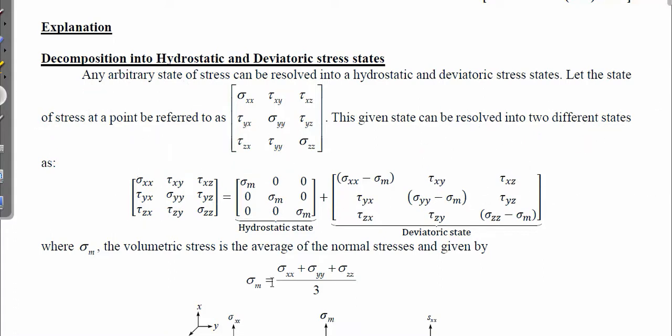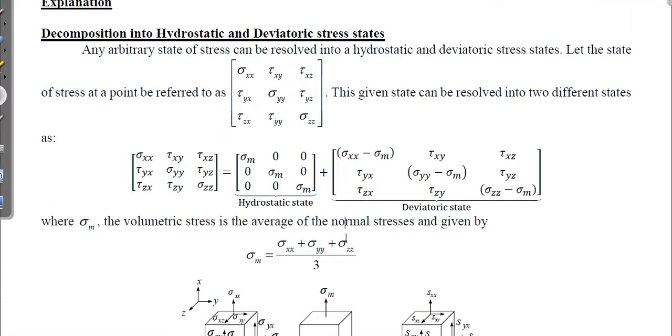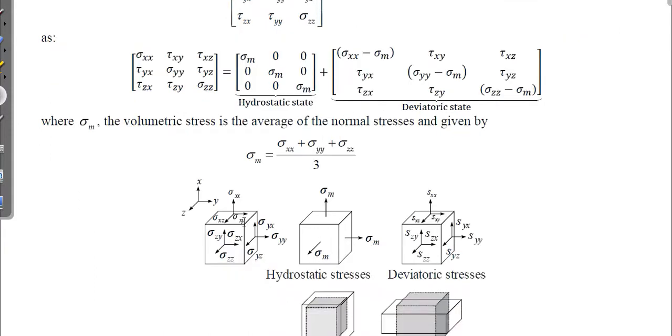So what is the value of sigma m? Sigma m is (sigma xx plus sigma yy plus sigma zz) divided by 3. This can be derived when you study the yield failure criteria in detail. Okay, we will see what this component does to the material. Suppose this is a cube under a general state of stress. When you decompose this into two stress states, the first is where only sigma m is there, meaning normal stresses are there, no shear stresses.